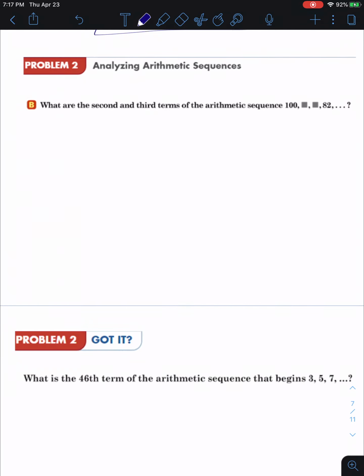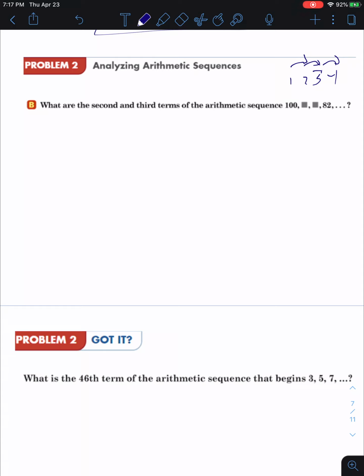What are the second and third terms of the arithmetic sequence? All right, so if I've got my first term, my second term, my third term, and my fourth term, I went up 1, 2, 3 bunny hops.